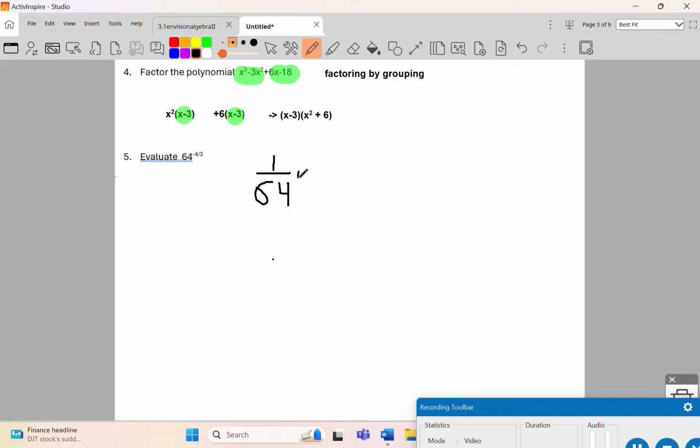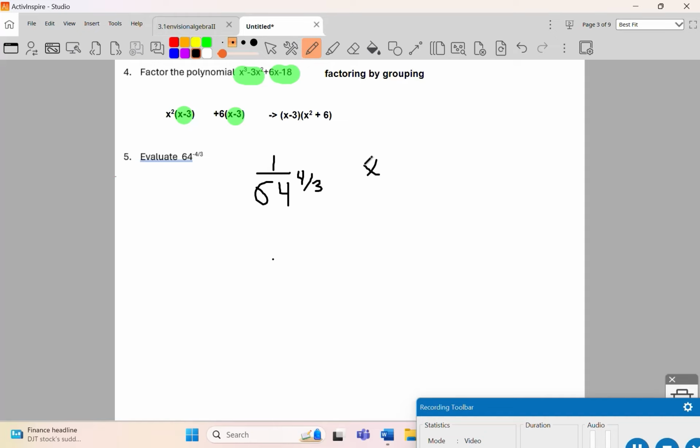I don't know what you remember about exponential rules, but judging by the last form quizzes, most of you don't know much. Shame on you.